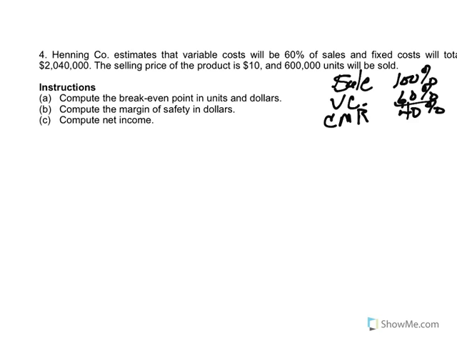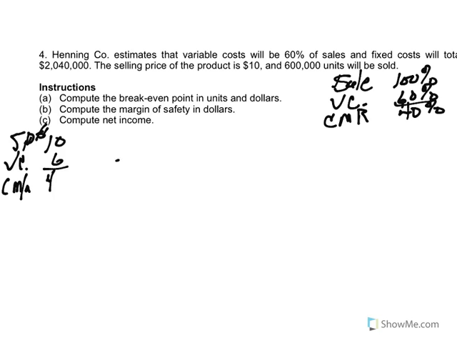Now, if we have a selling price of $10 per unit, the variable cost would be 60% of that, or $6, therefore the contribution margin per unit would be $4.